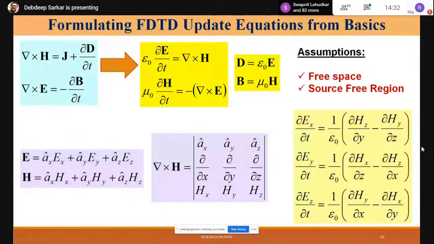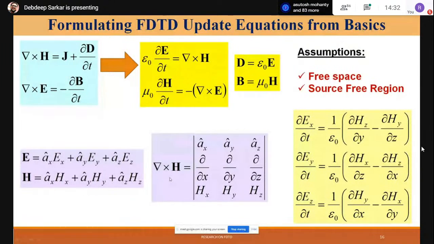The partial derivative with respect to time of the electric field is related to the curl of the magnetic field. Similarly, the partial derivative of H with respect to time is related to the curl of the electric field. Since these are vectors, in Cartesian coordinates we can decompose them into three components.